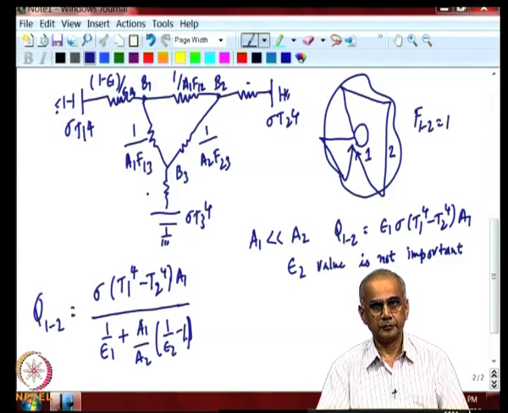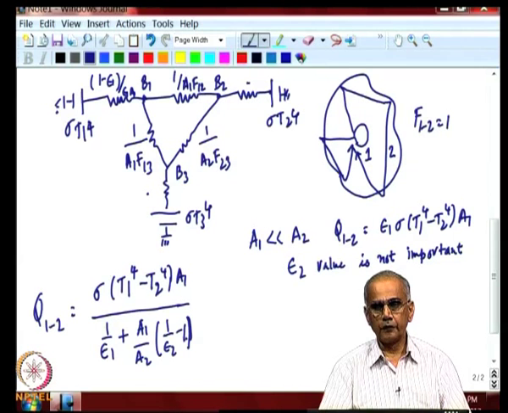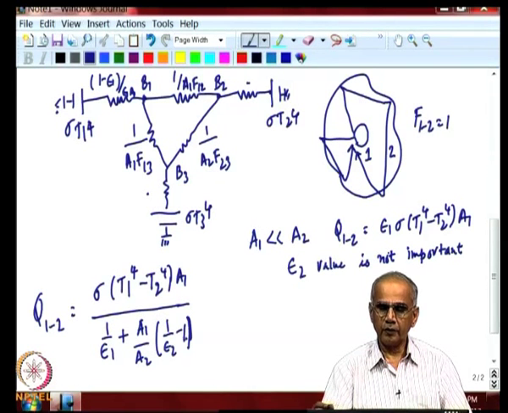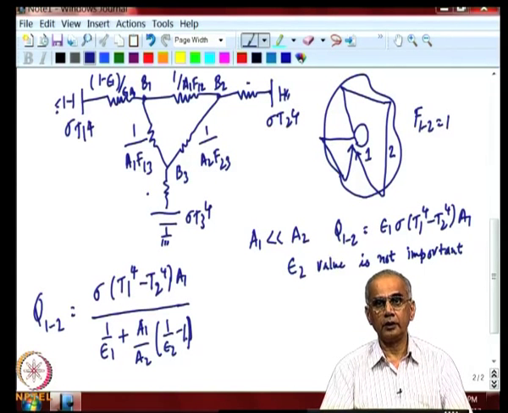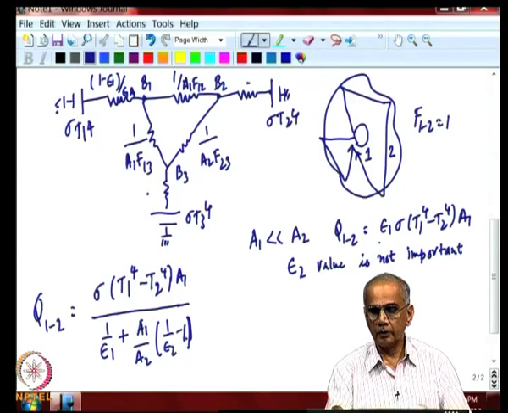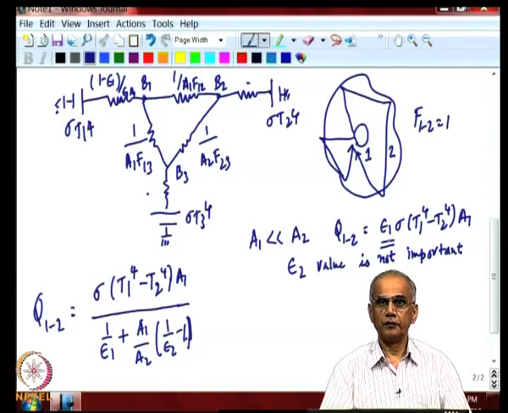by multiple reflection. So, if surface 2 is very large, the rate of radiative heat transfer between surface 1 and 2 is not dependent on the reflectivity or emissivity of 2, but only on the emissivity of surface 1.